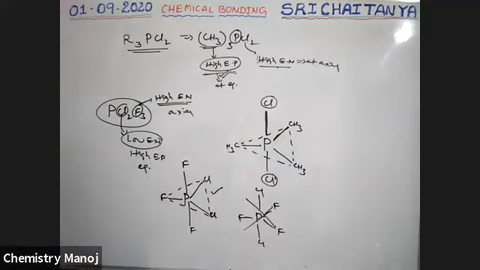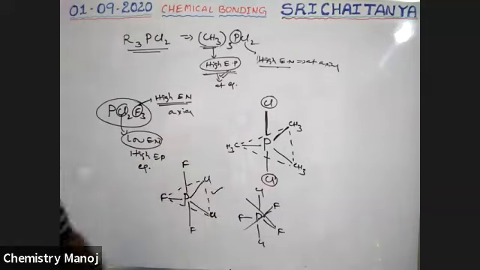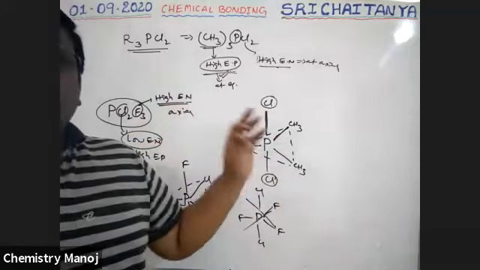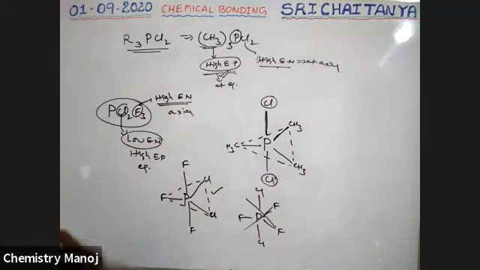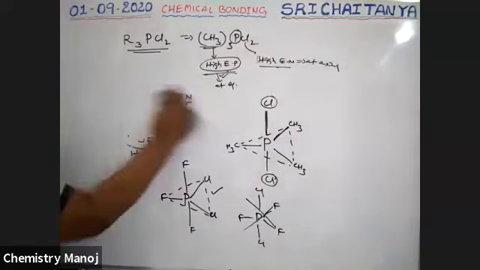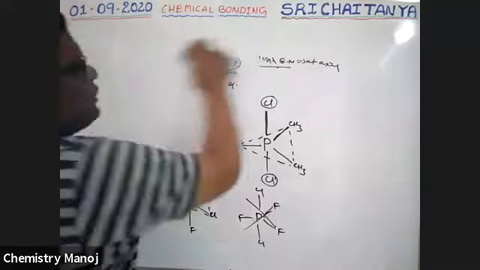It is the way to predict the position of those elements in unbalanced situation, that means sp3d cases. In unbalanced situation, high electronegative elements at axial positions, low electronegative elements at equatorial positions. So this concept is also helpful to predict the bond angles, whether more bond angle or less bond angle. Those are also explained by this Bent's rule.